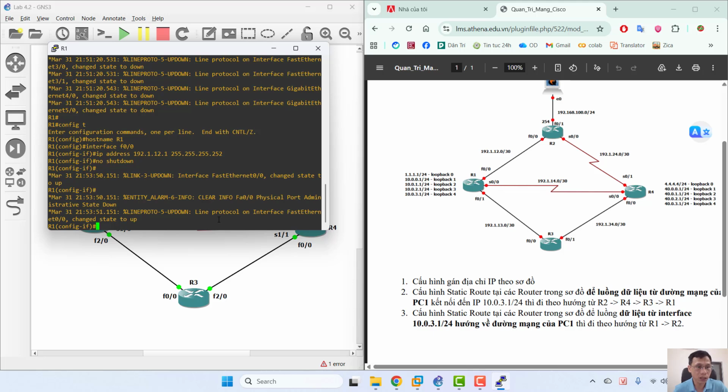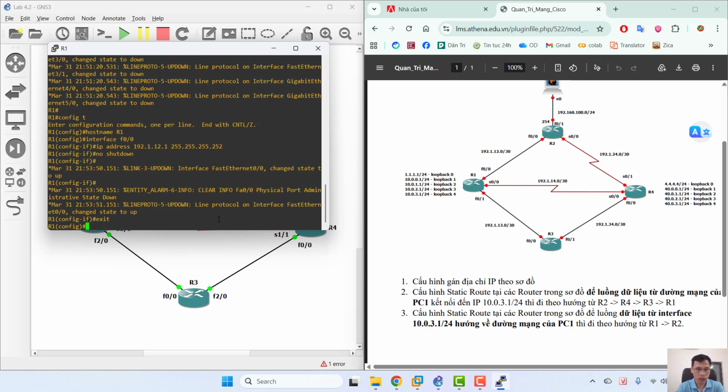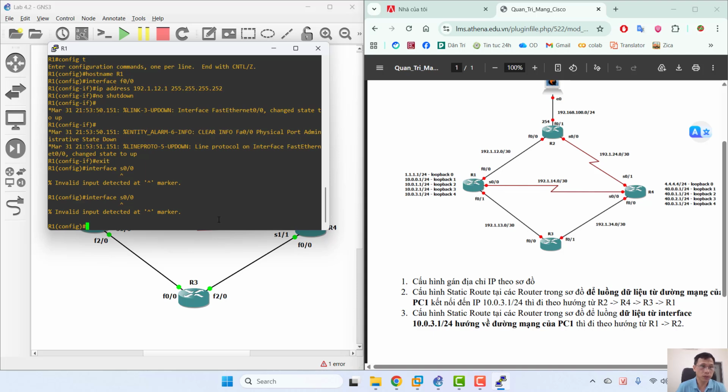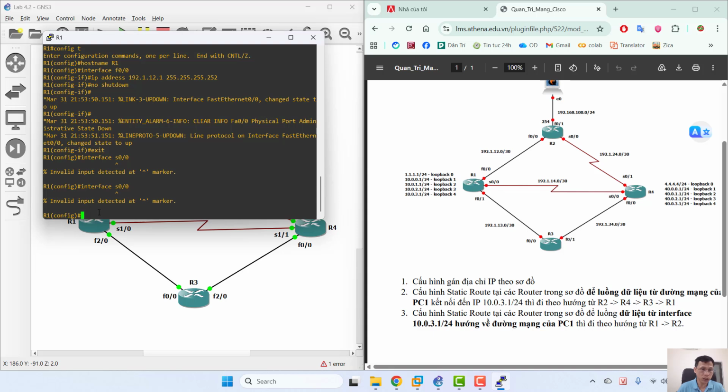The first IP is done, then I access the second interface. It's the wrong line, not 0/0.